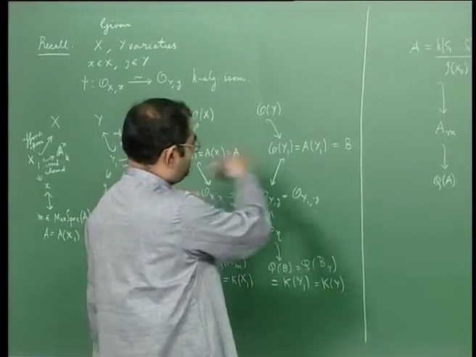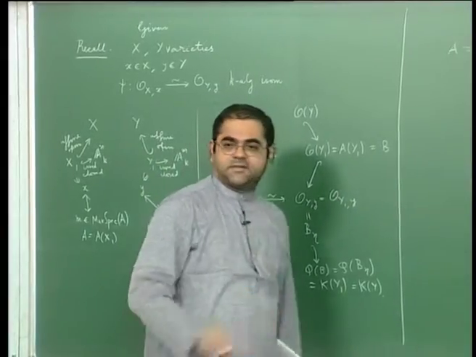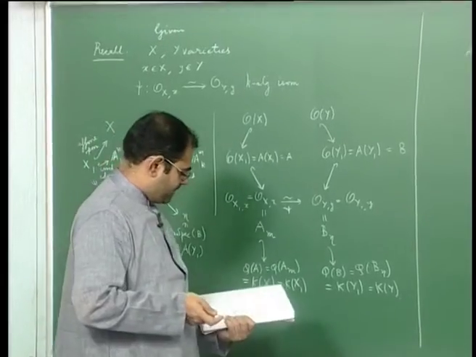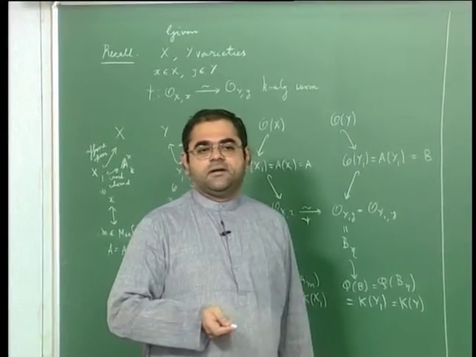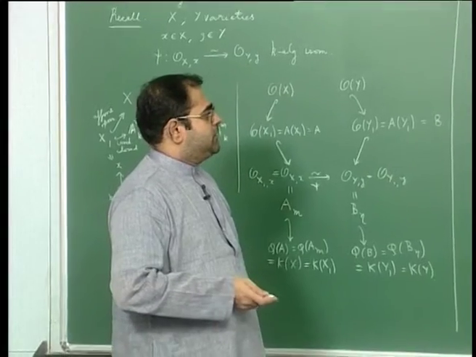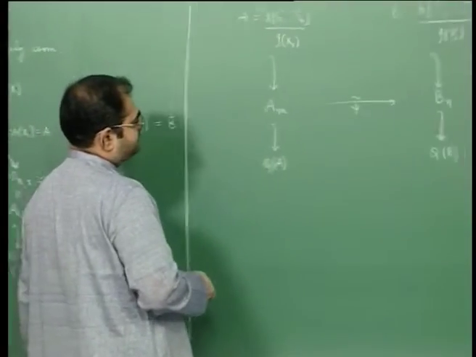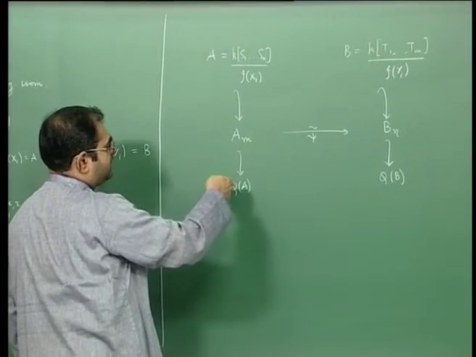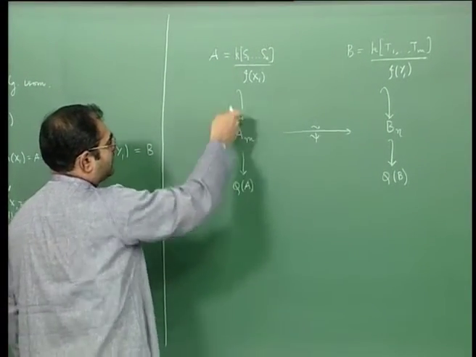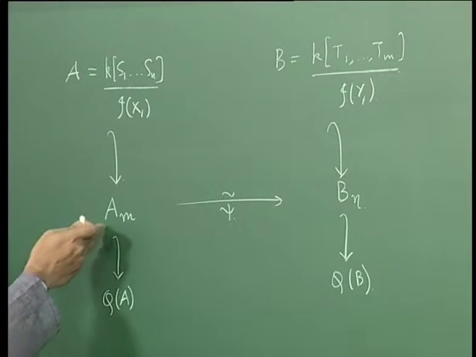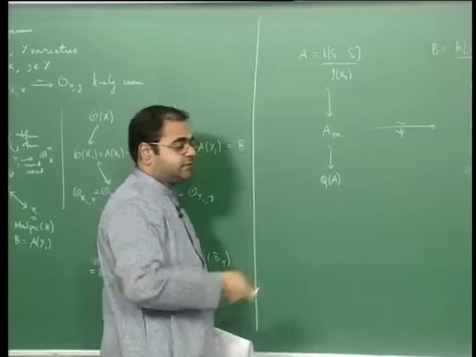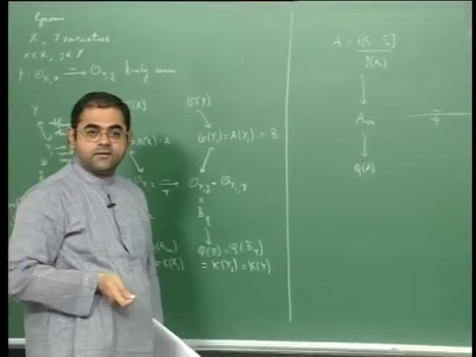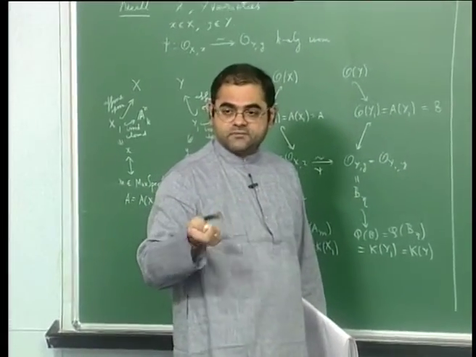Of course, all the ring homomorphisms we are considering are K-algebra homomorphisms. As far as the same variety is concerned, going from here to here corresponds to taking germs of regular functions, and then going from here all the way to the quotient field is trying to look at an equivalence class, trying to look at a regular function as a rational function.